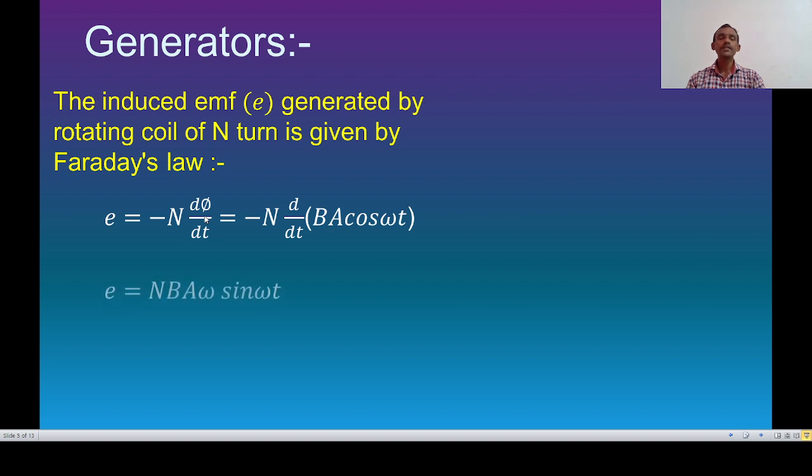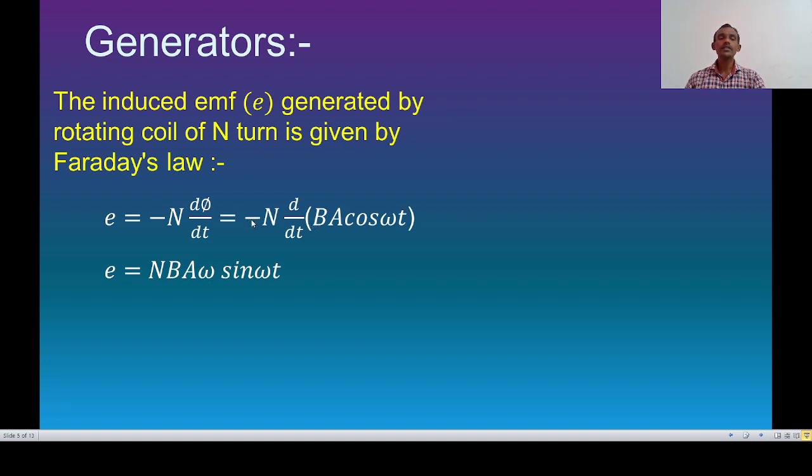Now if we differentiate this with respect to time, BA is a constant quantity, the total area is constant, and cos omega t is the variable quantity. Therefore, differentiating with respect to time, we get E is equal to NBA omega into sine omega t, because the derivative of cos omega t is minus sine omega t into omega.